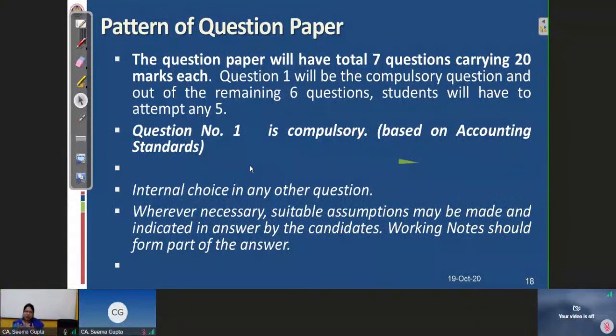It looks like a theory question, but it's not a theory question. It's a totally application-based question where you need to apply your full mind, and you need to have a thorough knowledge of the provisions. Thorough knowledge means not just reading, but effective learning is required.